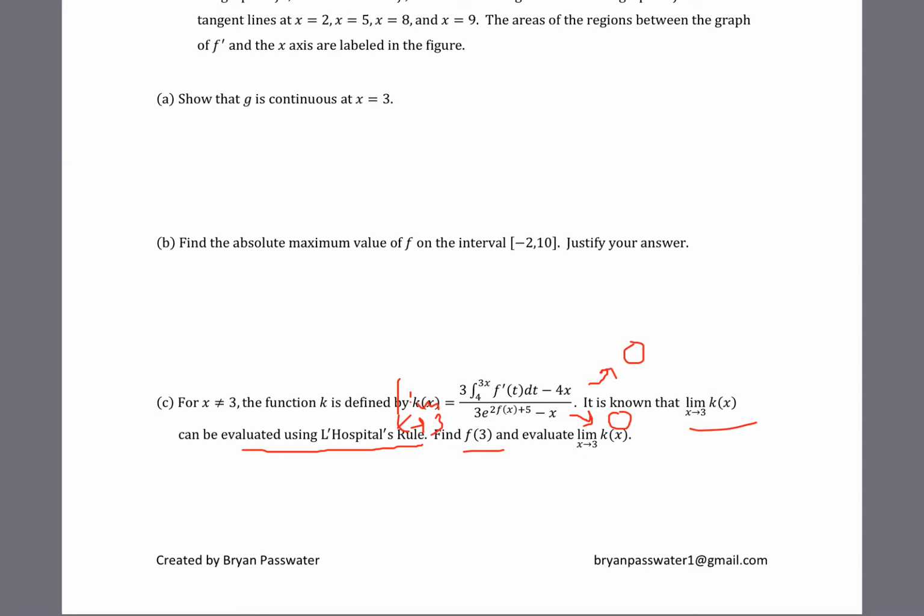So because the denominator equals 0, I know that the limit as x approaches 3 of the denominator minus x has to equal 0.